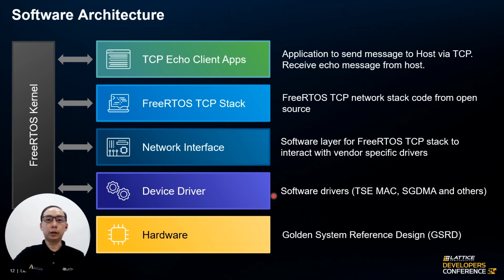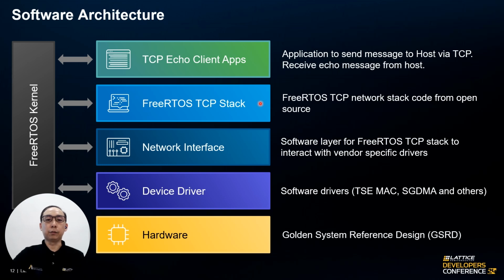This layer provides the software drivers for all the IPs used in the GSRD, for example, the Triple Speed Ethernet, SGDMA, and others. Next is the network interface layer. This is a software layer that is responsible for the communication between the upper FreeRTOS TCP stack and the vendor-specific drivers at the bottom.